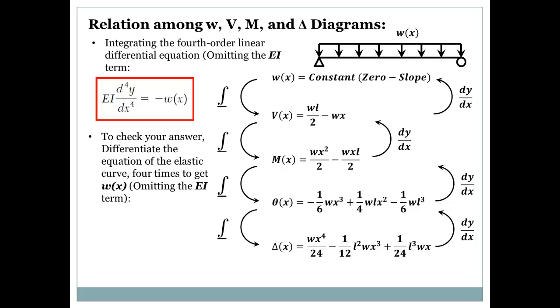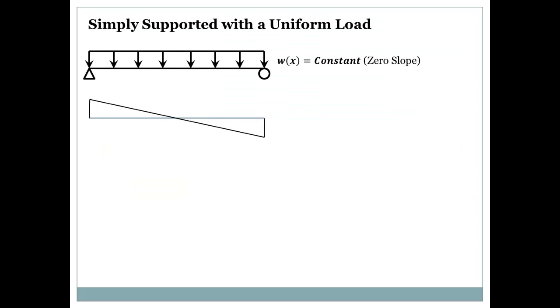And we will see in a couple of the examples I'll provide that if we start with a w of x that is linear, meaning it's not a constant, not a uniformly distributed load, maybe it's a triangular load, that means we have an x to the first power in the load equation. Then we will have x to the second power in the shear equation and x to the third power in the moment equation. This is the example we looked at.